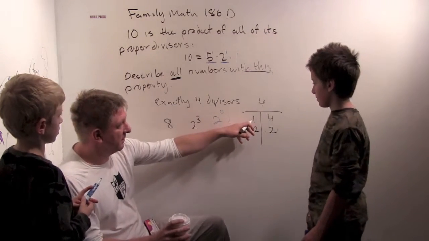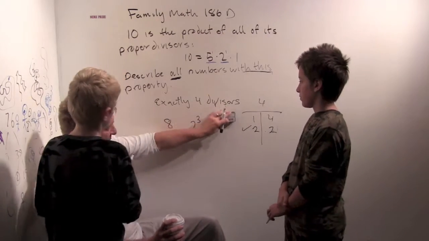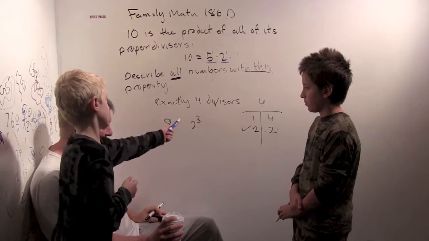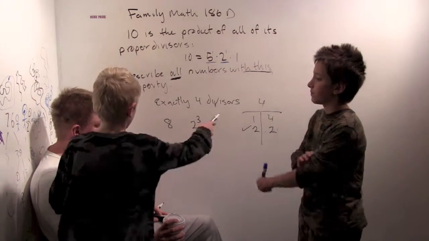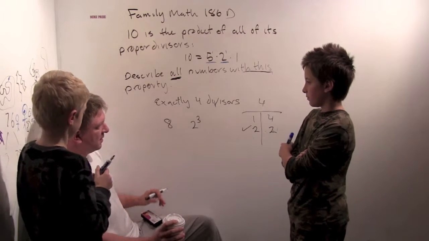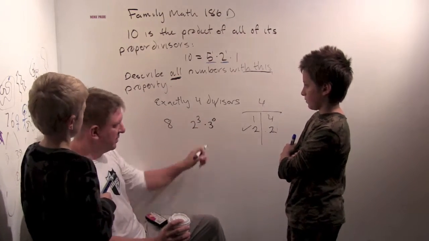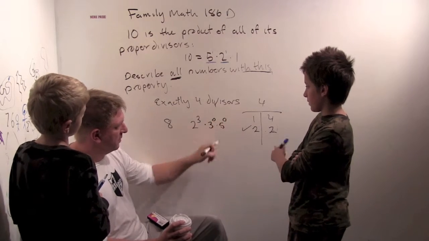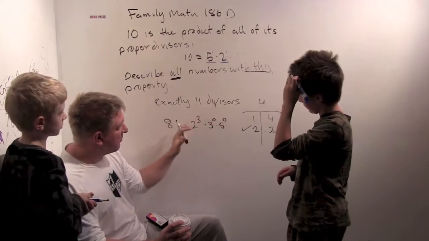Well, it's 2 cubed, so there's no other primes in it. So the 1 represents the primes you can't use. This is really 2 cubed times 3 to the 0 times 5 to the 0. I only have 1 choice for all these other ones. Here I only have 1 prime.